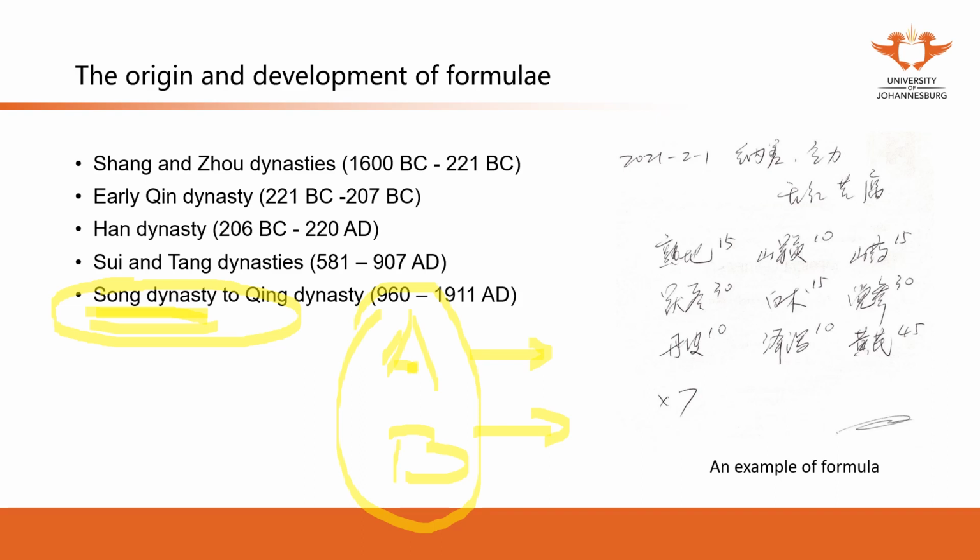Practitioners try to use the theory from 黄帝内经 and 伤寒杂病论, the other theory in Chinese medicine, to explain the formulae. So this is a very important development of the formulae. Until today, the application of formulae, the study of formulae, we still use these theories.